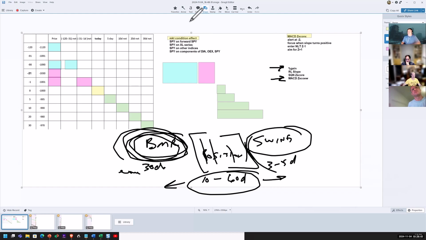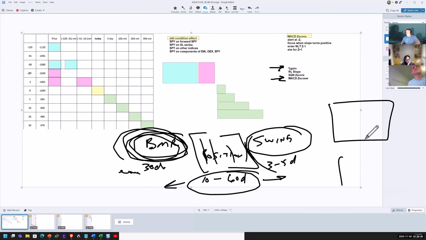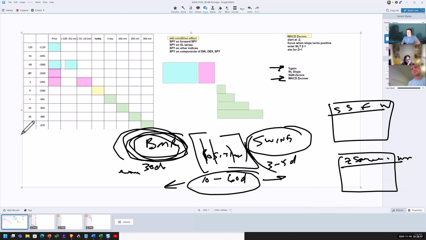So it's going to be more like situational and adaptive trading. And we want to have some kind of play card that says, according to the 4 seasons, spring, summer, fall, and winter, or according to the Z-score of the MACD. Like, I believe that if I put an RL90 slope, when it's negative, the market is always negative until it turns.